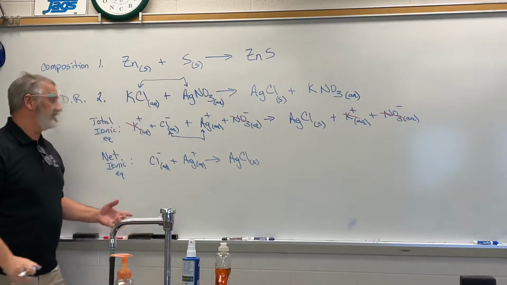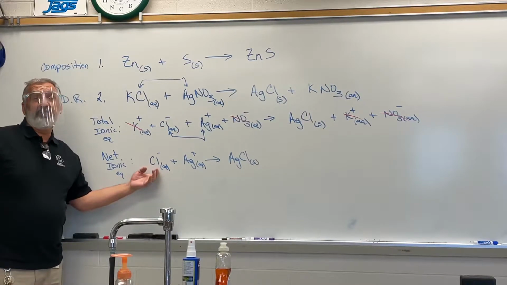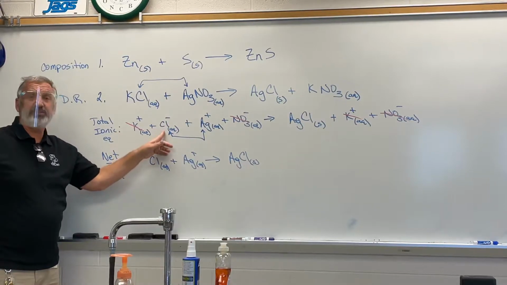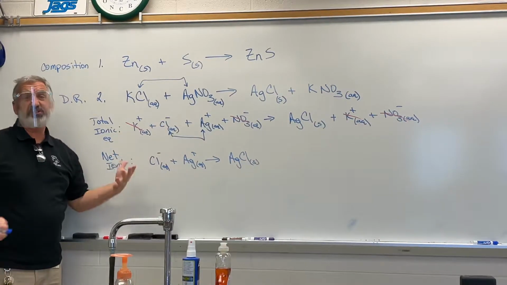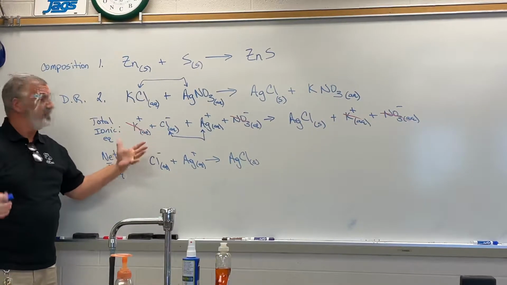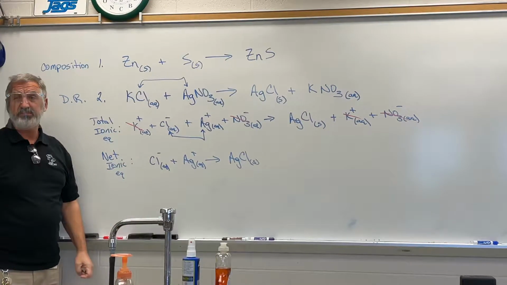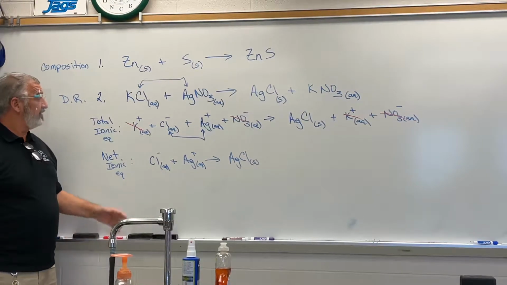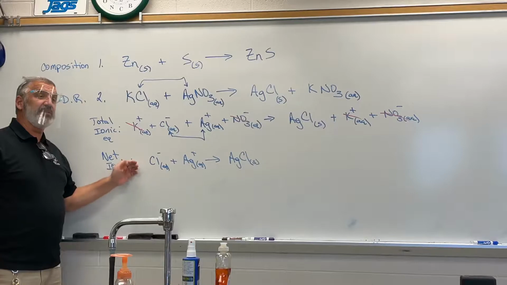Okay, so really all that's happening is the Ag plus from the silver nitrate is combining with the Cl minus. The potassium nitrates are there floating around in the solution, but they're not doing anything. That's the whole reaction. All right, so the net ionic gives us the real deal.